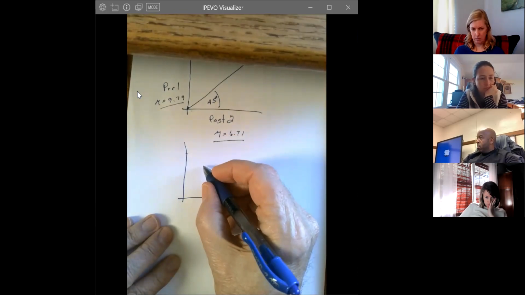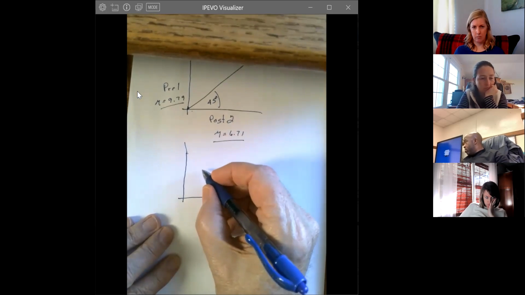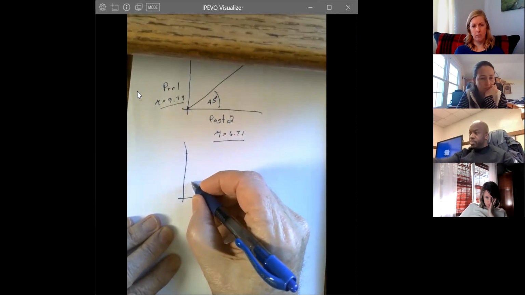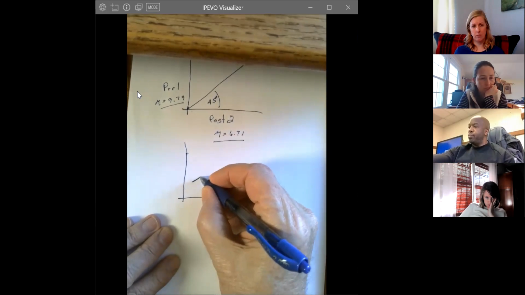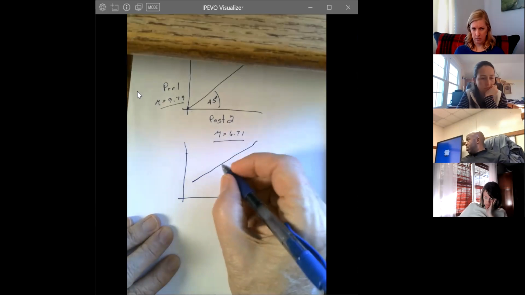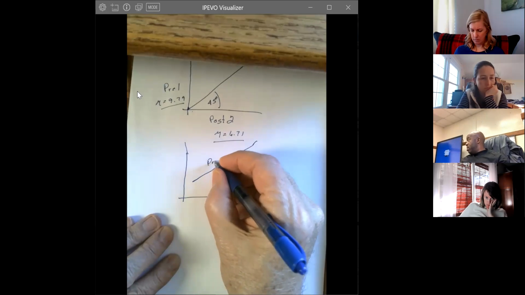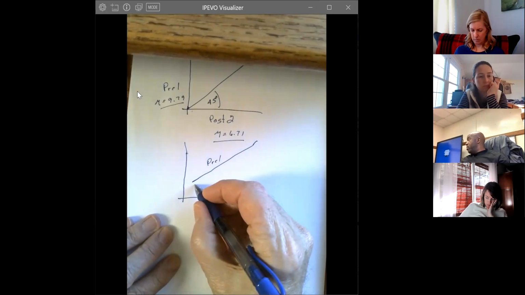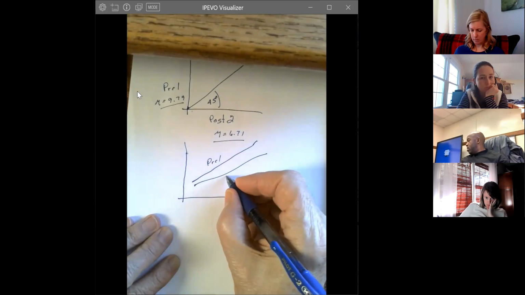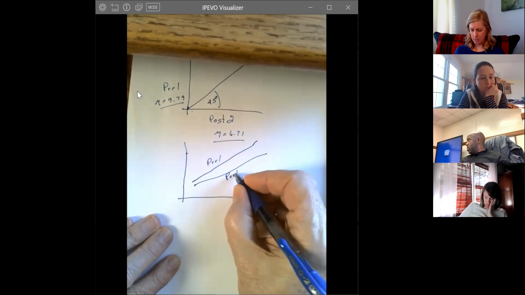And the two lines would, in this case, probably look something like this. If we draw a line through the bumped up scores, this would be pre-1. And if we based it on the original scores, this would be the post-2 score.